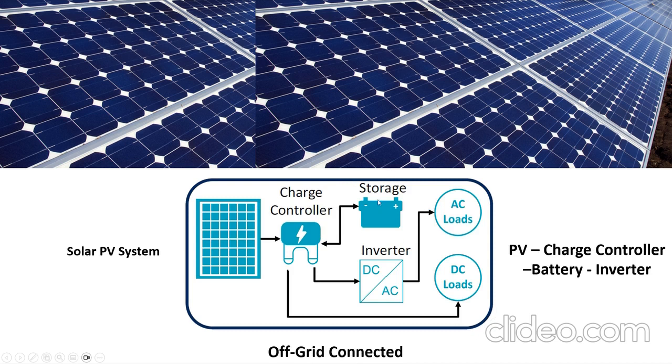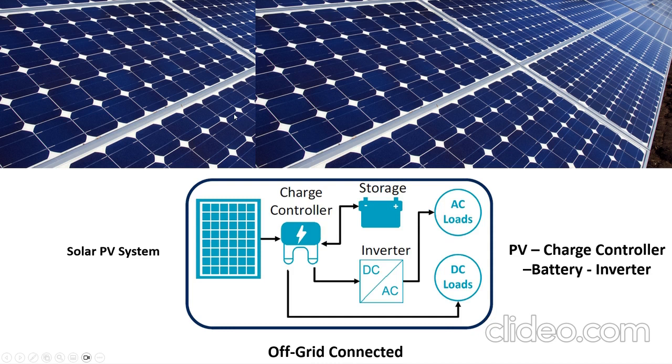We have the battery supplying the inverter and also the associated AC loads. Also, you can have some DC loads being supplied from the storage during the night when we don't have production.